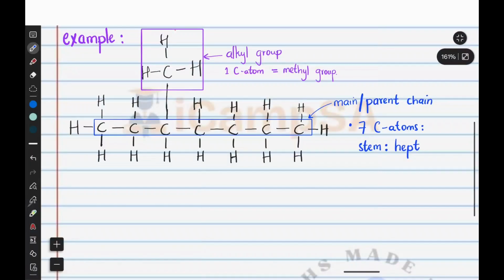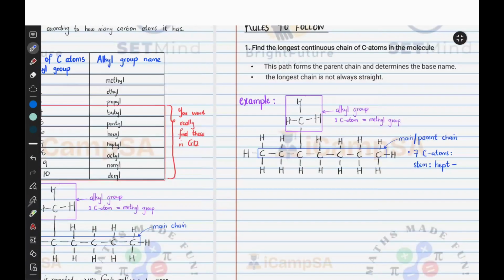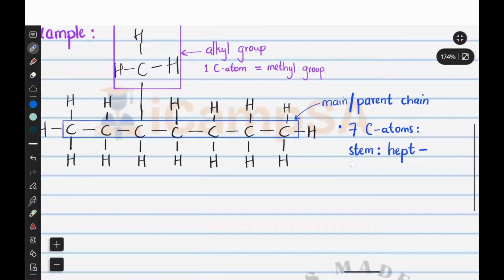And then since it's an alkane, the suffix will be A and E. All right, remember that. Our suffix is A and E.